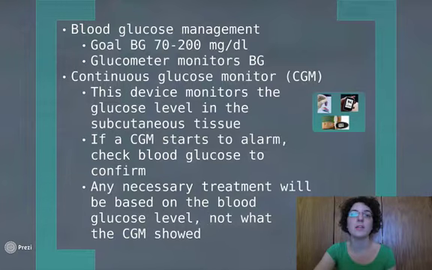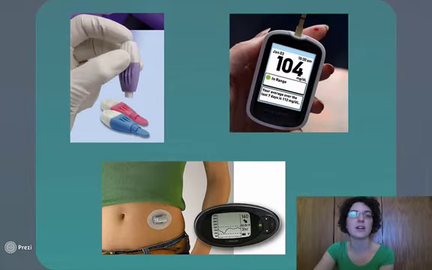So in monitoring the blood glucose levels, one of the most important pieces of equipment that we use is called a glucometer, and this measures how much glucose is in a drop of blood. Our campers are going to be checking their blood glucose levels frequently throughout the day, and this will be done by using these devices here. So the first is what we call a lancet.